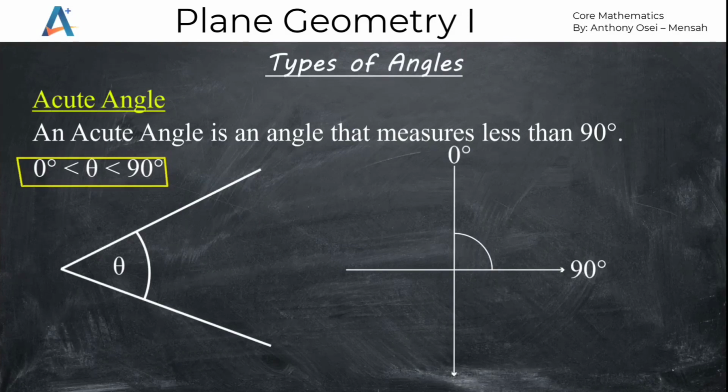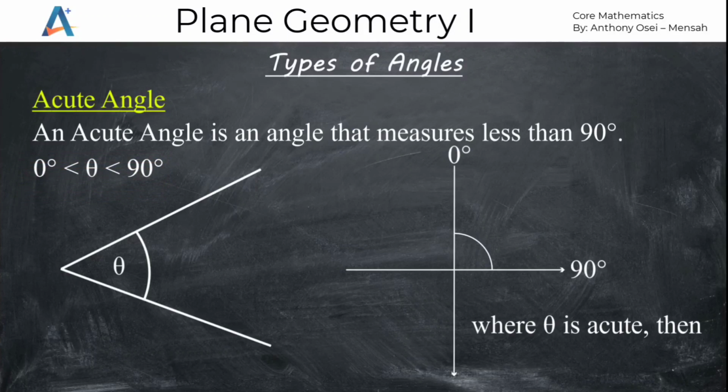That means that if theta is acute, then theta should be greater than 0 degrees, and that same theta should be less than 90 degrees. So this is the mathematical way of representing acute angles.